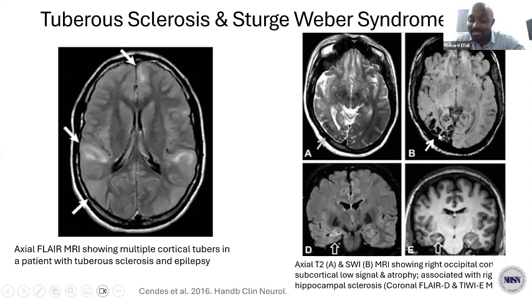This usually, when you do CT, gives us the gyriform or cortical calcification. Tuberous sclerosis is this other case on the left, which is characterized by multiple areas of cortical hyperintensity, which represent tuberous tubers. I think that's what I meant to say.